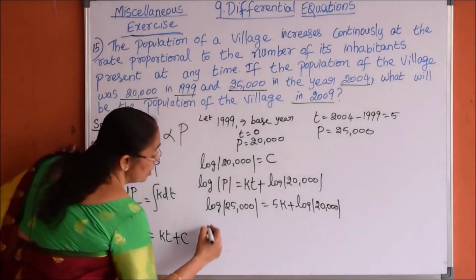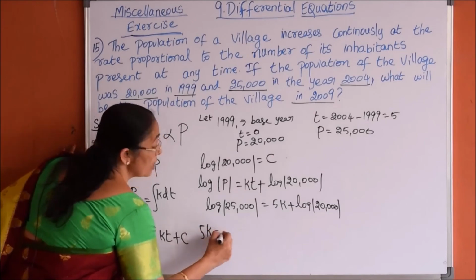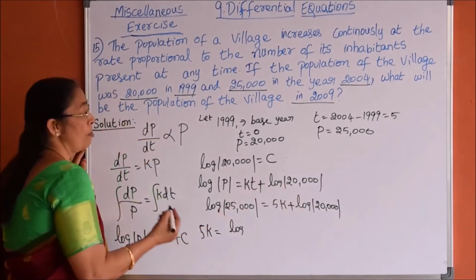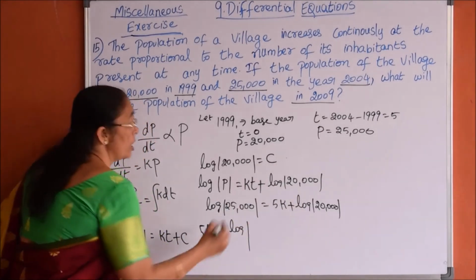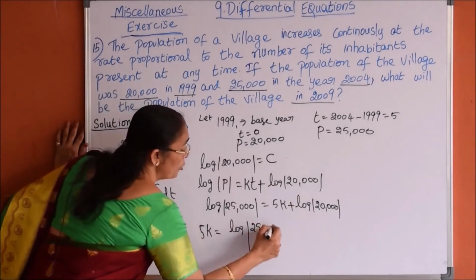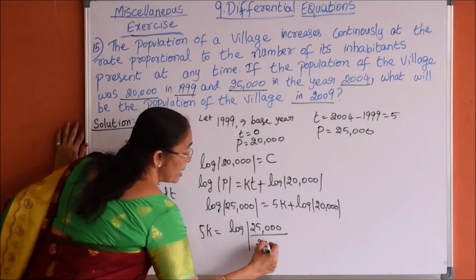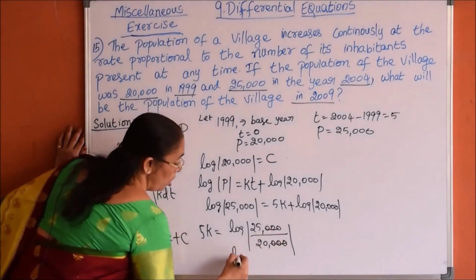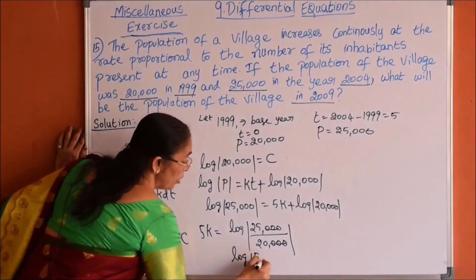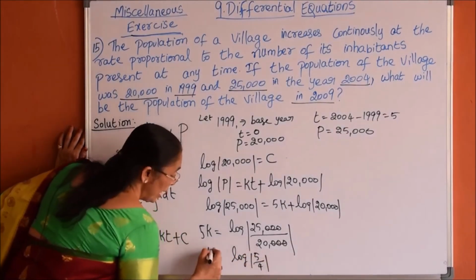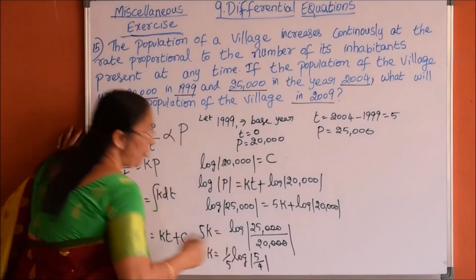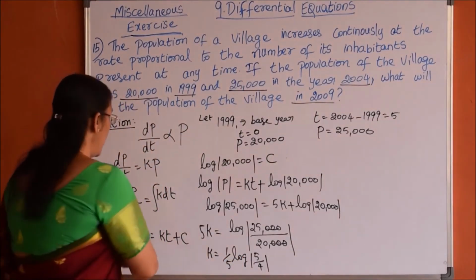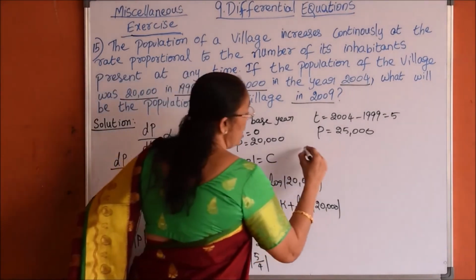So 5k is equal to log mod 25,000 minus log mod 20,000, which is log of 25,000 divided by 20,000, using log a minus log b is log a by b. So we get log of 5 by 4, or k value is 1 by 5 log of 5 by 4.